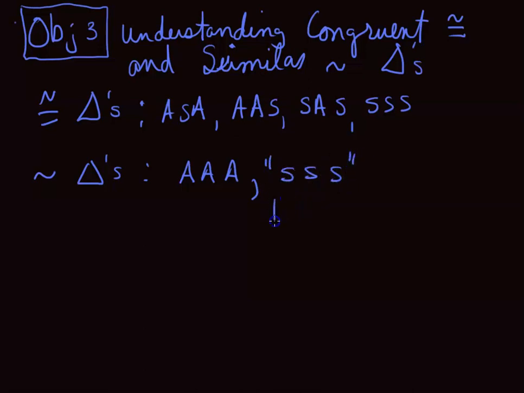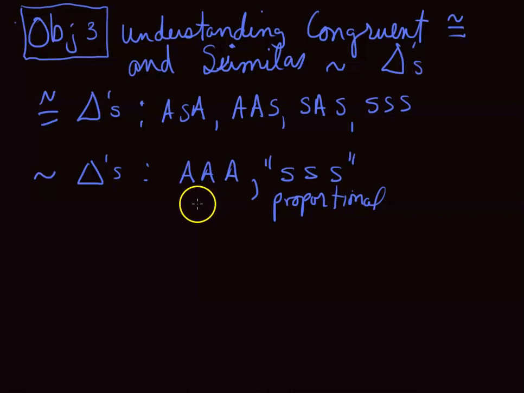The sides are proportional. And you can do others if you need the sides proportional and an angle equal type thing. But those are the big ones. If the sides are proportional, if the angles are equal, you have similar triangles.